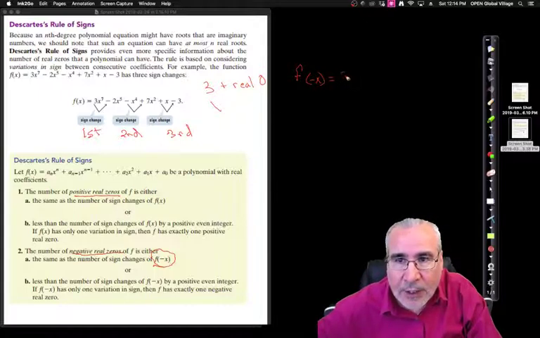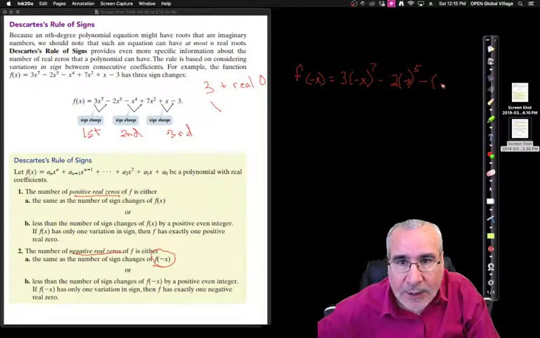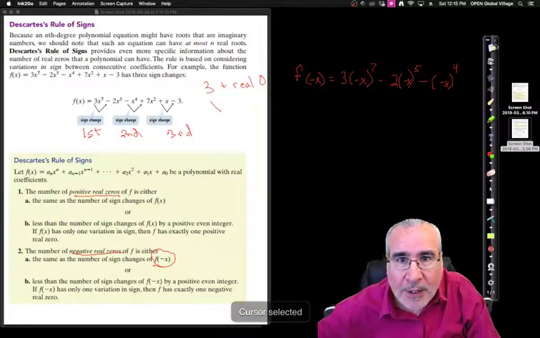That gives us 3 times minus x to the 7th, and we subtract 2 times minus x to the 5th, and then we're going to subtract minus x to the 4th.